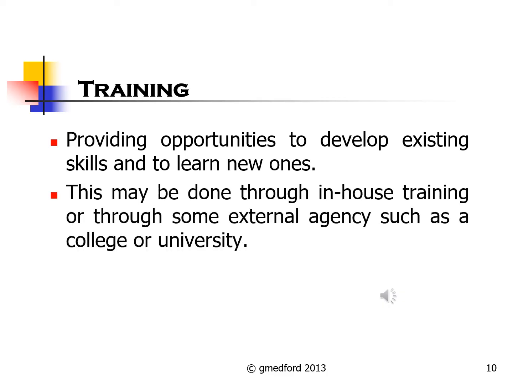It can be done in-house, meaning that an employee of the organization can be the training facilitator, or the organization may hire an external agency, for example, some experts in the field or some university training department to conduct training within the organization. Can you think of any benefits of training?